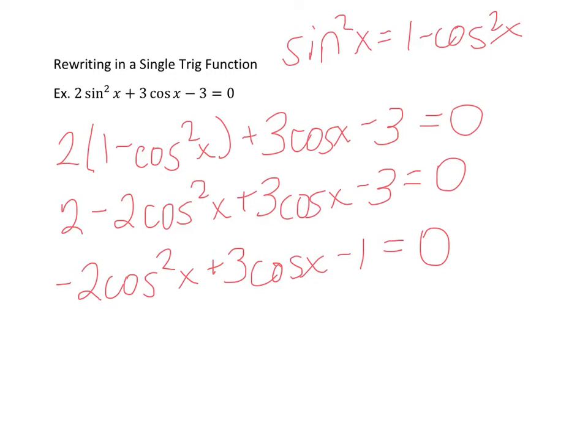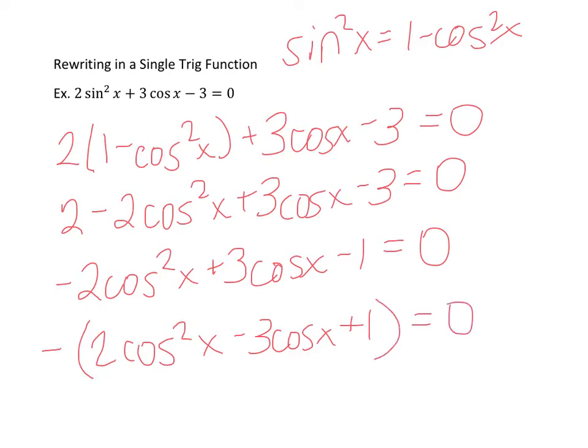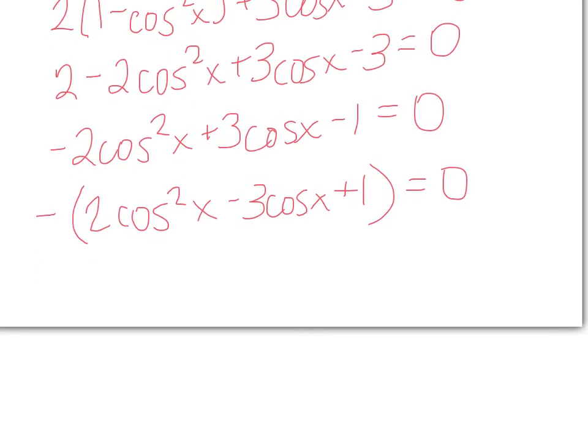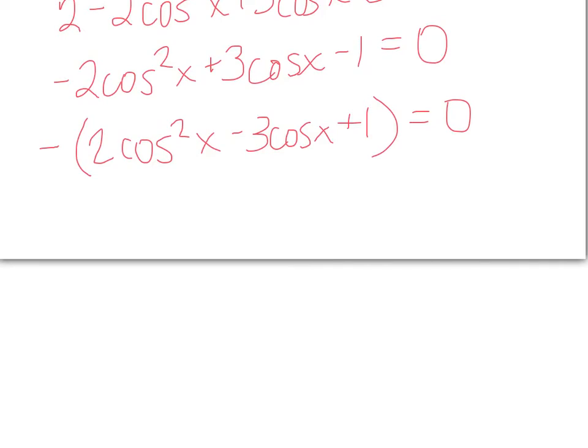I'm going to go ahead and take a negative out of everything to make the front term positive. And then I'm going to factor it like normal, just leaving a negative out front. This has got to be a 2 cosine x, and this one has to be a cosine x.